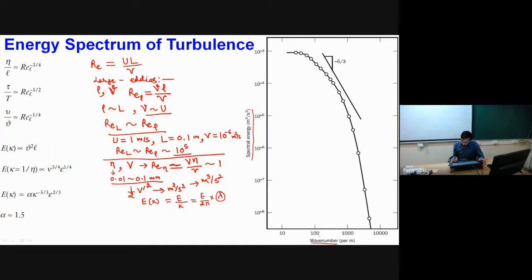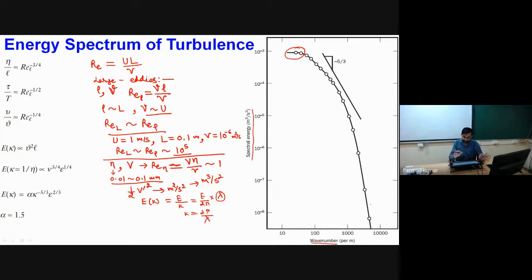So you can see, when wave number is small, because wave number is equal to 2 pi by lambda, when wave number is small, it means wavelength is large. So when wavelength is large, at that time eddies are having highest energy, and as wavelength is increasing, along with the increase of the wavelength, the turbulent kinetic energy per unit mass per unit wave number is decreasing.